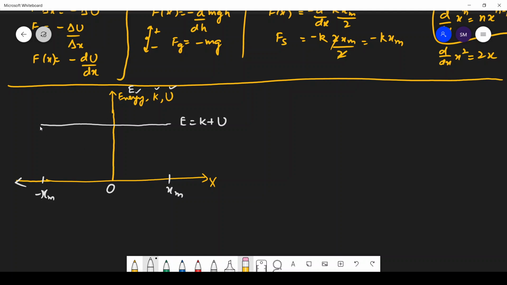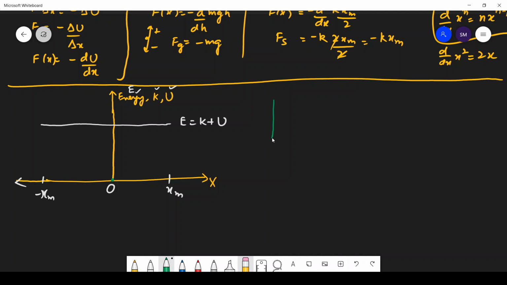You are at minus xm, same energy. You are at this point, same energy. So energy at all the points is the same. Now, what about the graph of potential energy? At 0, the potential energy was 0.